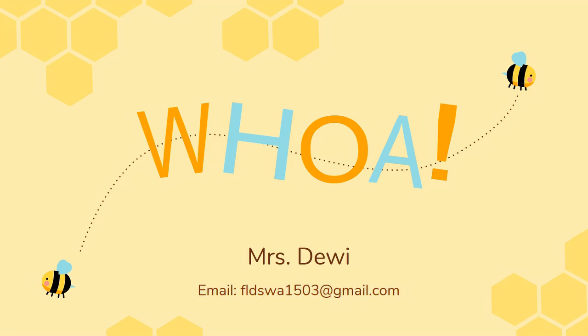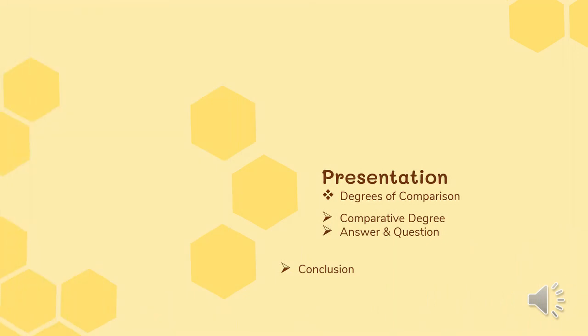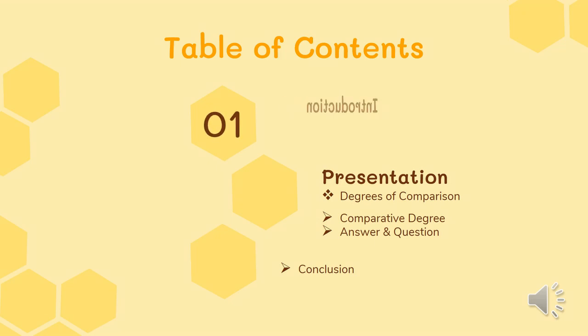Before we go to our main learning, first we have to know the content of the learning today. We start from the introduction, which is about the purpose of the learning.